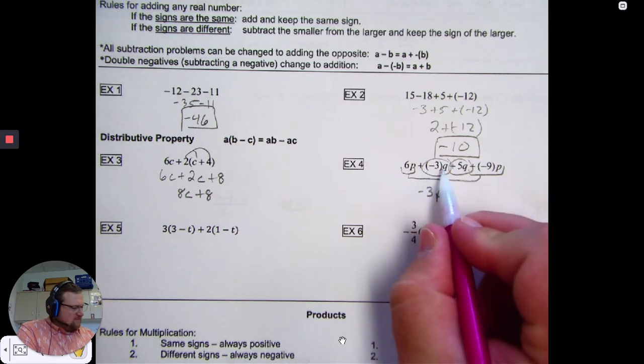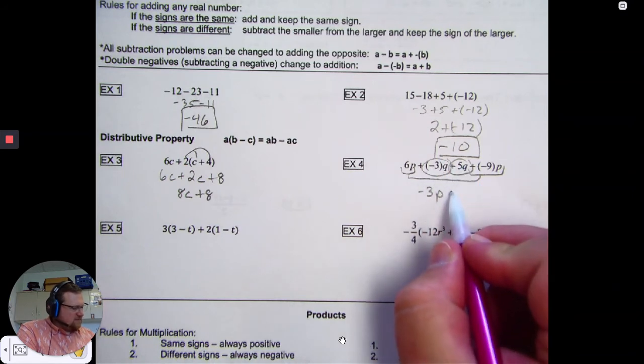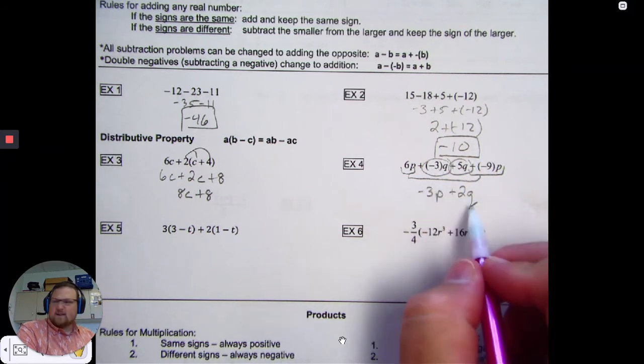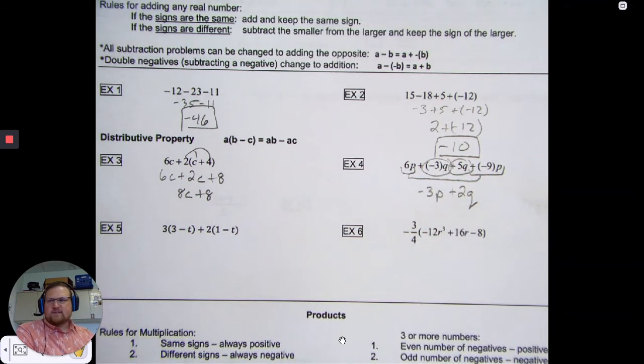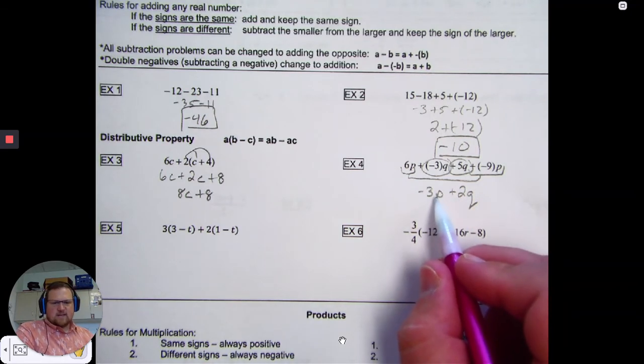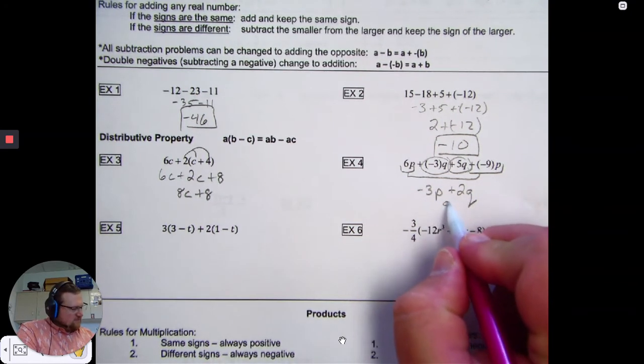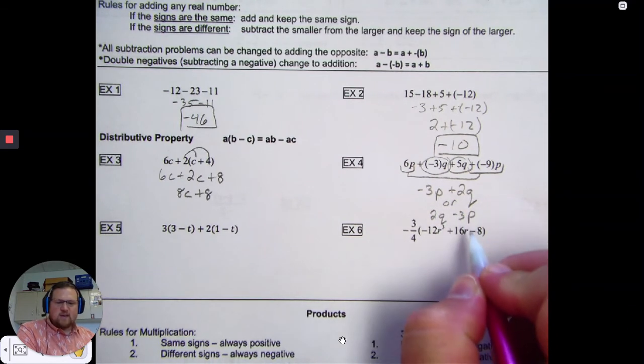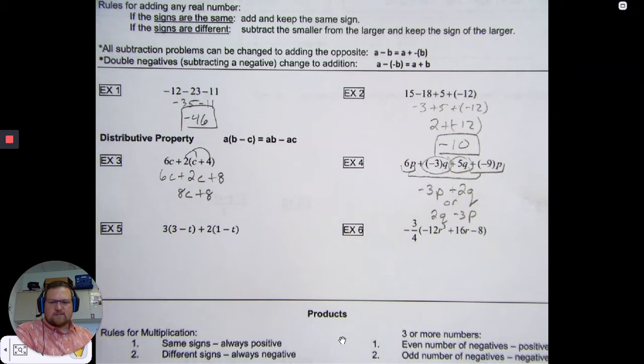And then we have a negative 3q plus 5q, which is a positive 2q. So you have a positive 5, a negative 3, which leaves you with a positive 2. Some people don't like to leave it this way because they don't like this negative out in front. So if you feel the need to, you can rewrite it as 2q minus 3p, but in all honesty, either way is mathematically correct.